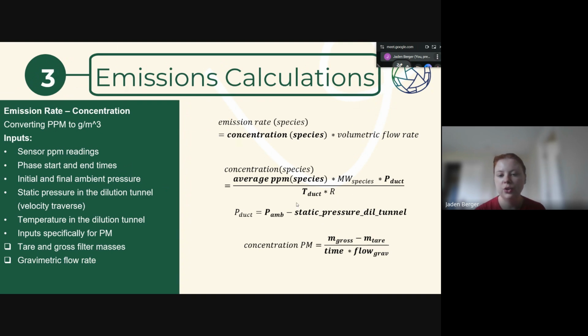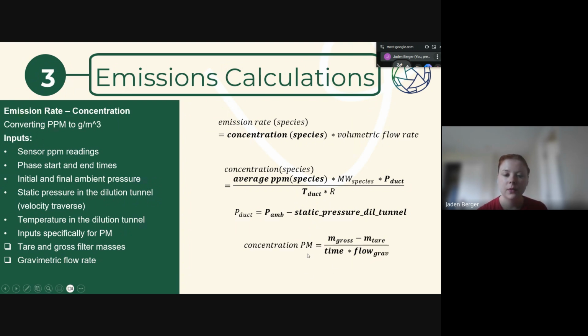And then we're going to subtract the static pressure in the dilution tunnel. This is measured during our velocity traverse. So you should be able to find that value in the data from your last velocity traverse. If you don't have that, then it's probably time to do another velocity traverse.